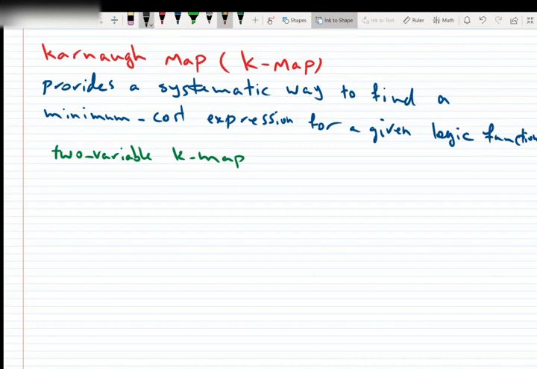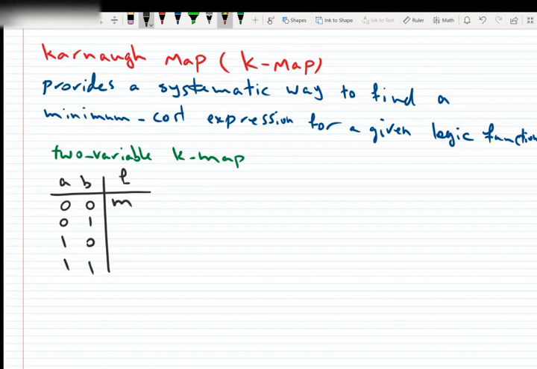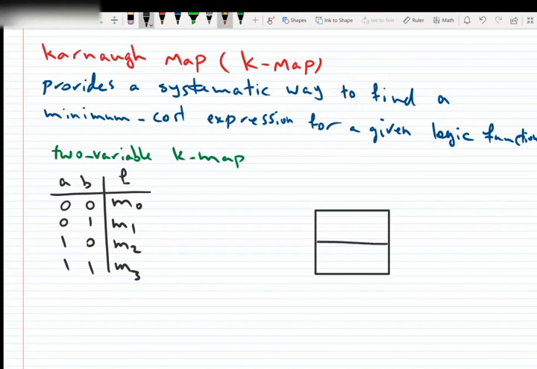Okay, so if we have this truth table a, b, and here is a function 0, 0, 0, 1, 1, 0, and 1, 1. We know that for 0, 0 we have min term number 0, m1, m2, and m3. And if we create a k-map, the k-map for two variable is in this form, a 2 by 2 table. For the columns we put a, for the rows we use b.